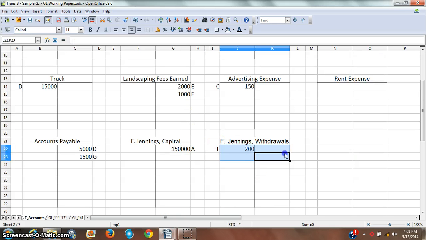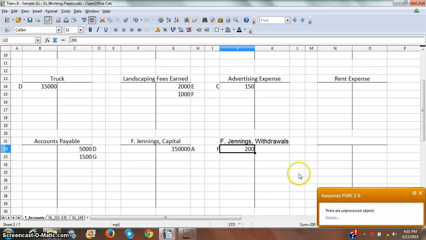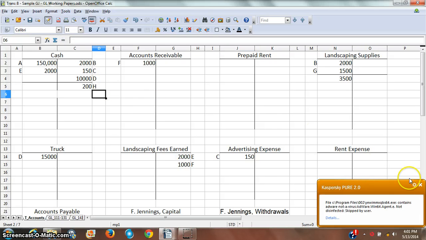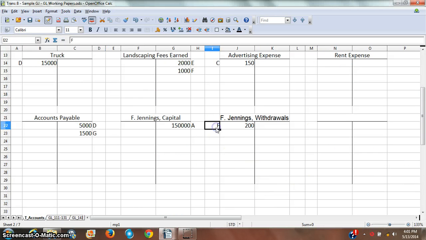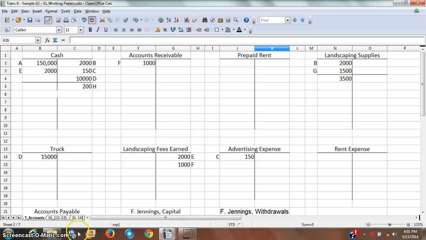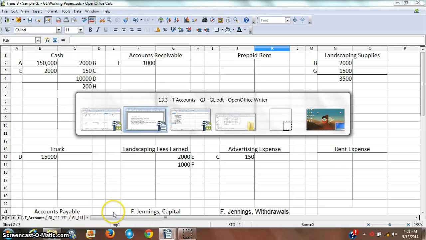Withdrawals grows on the debit side. I have $200 more withdrawals than I did previously. Actually, I think this is transaction H. So now I have $200 in withdrawals on my T accounts, and I also need to put these on the general journal.